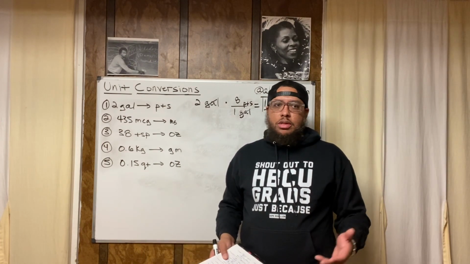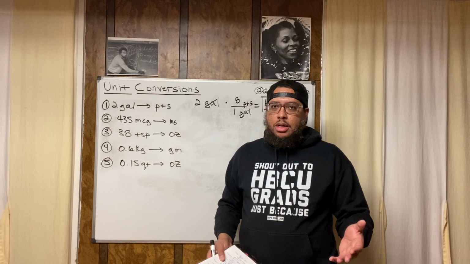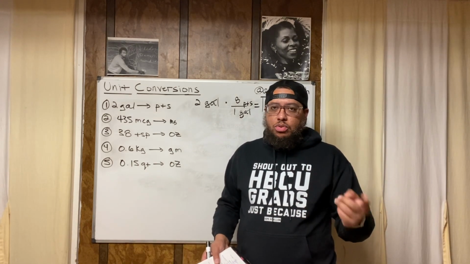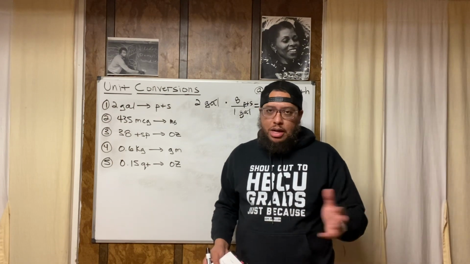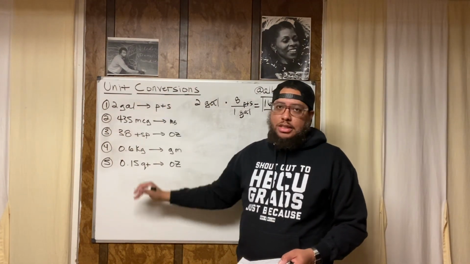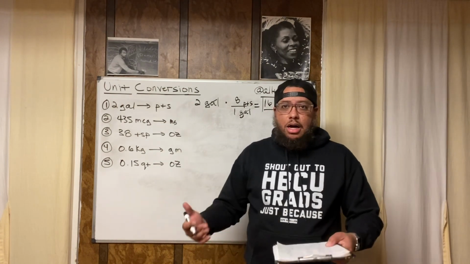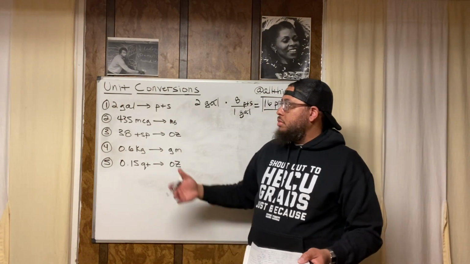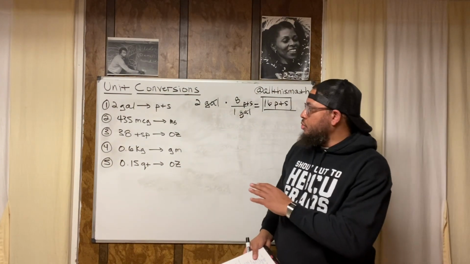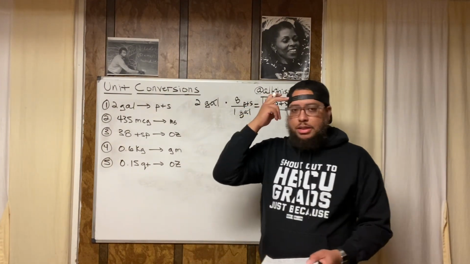Or if you get paid every 2 weeks and want to know how many days that is, 1 week is 7 days, so you do 7 times 2 to get 14. So you get paid every 14 days. Once you get the hang of the equivalencies, just like with time, you're going to be able to do these mentally.